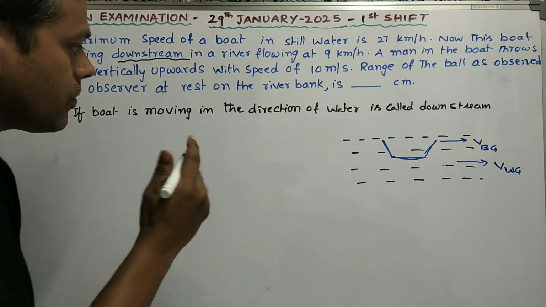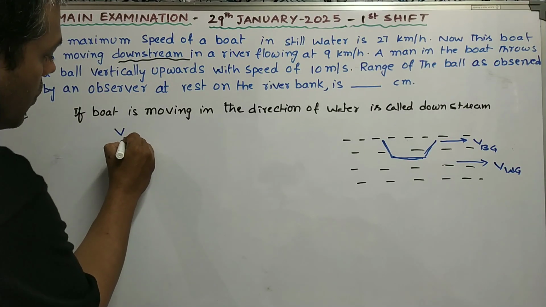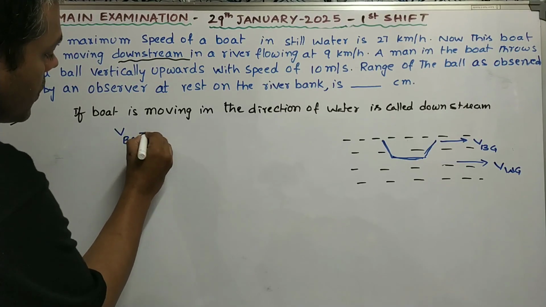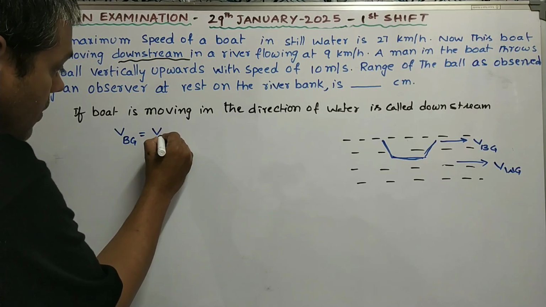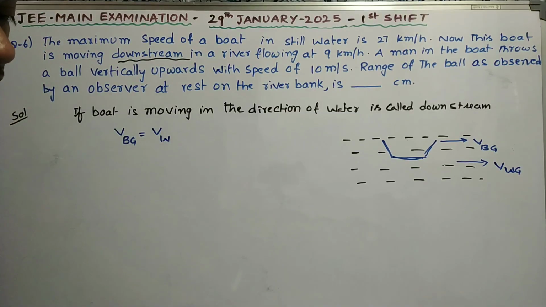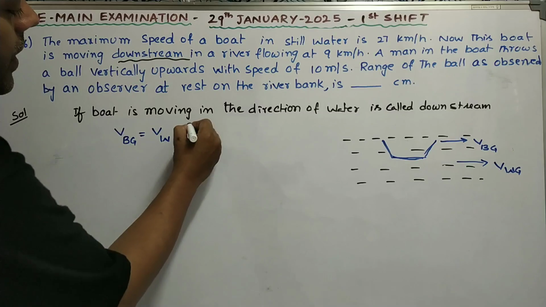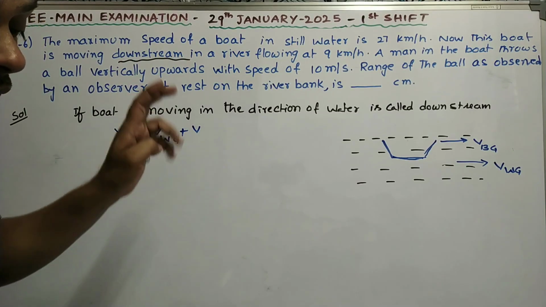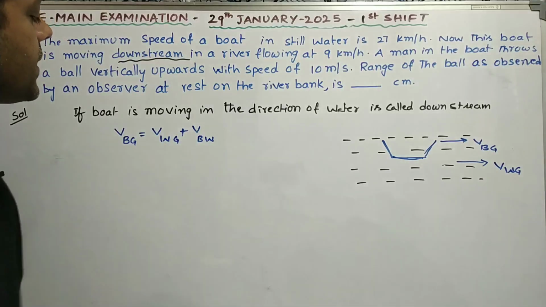Now velocity of boat with respect to ground, VBG, is equal to velocity of water with respect to ground plus velocity of boat with respect to water. Velocity of boat with respect to what? Water.